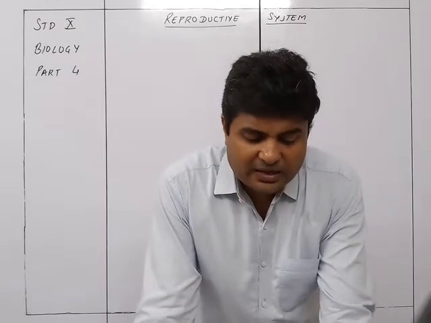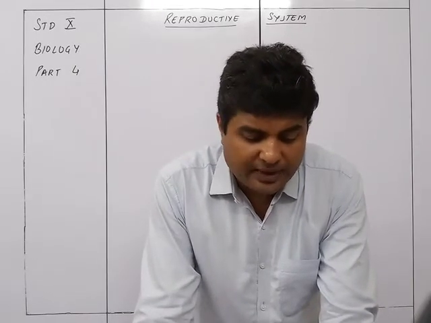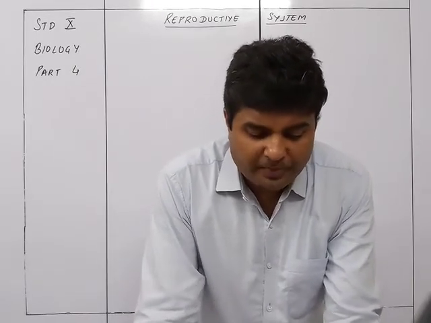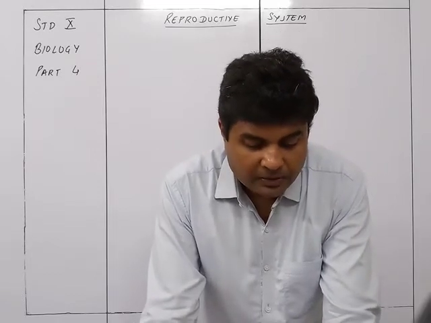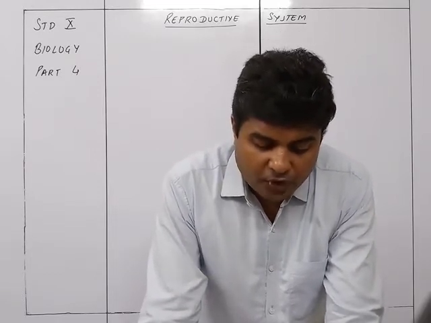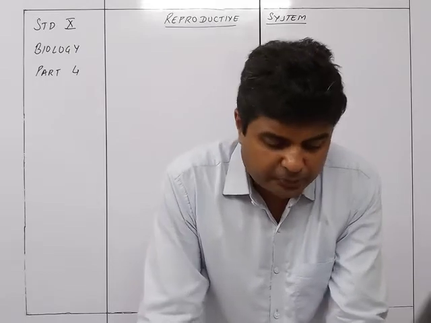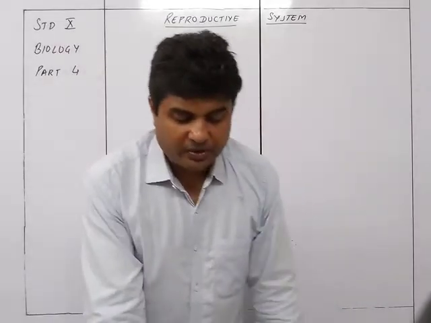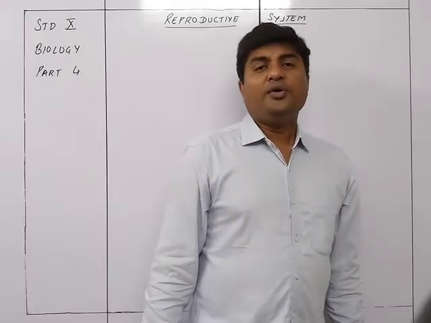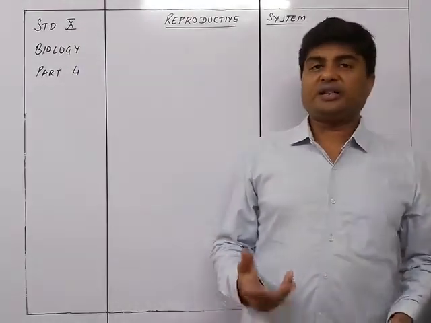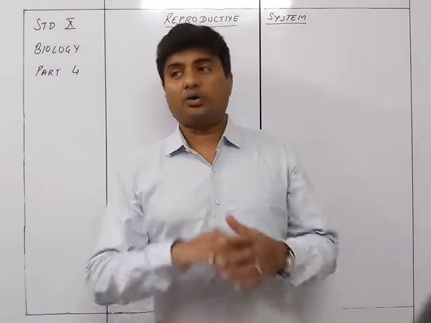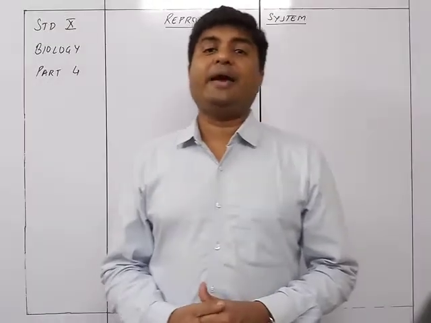Amnion is a sac which develops around the embryo even before the formation of the allantois. Amniotic fluid fills the space between the amnion and the embryo. The first layer outside the embryo is the amnion.